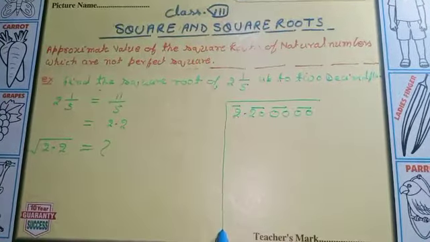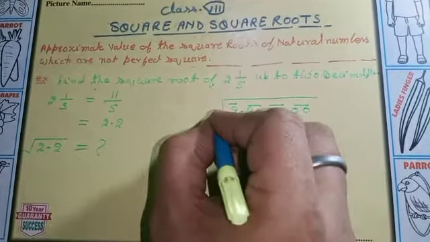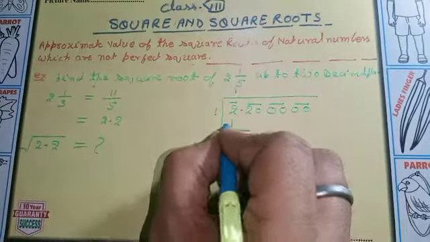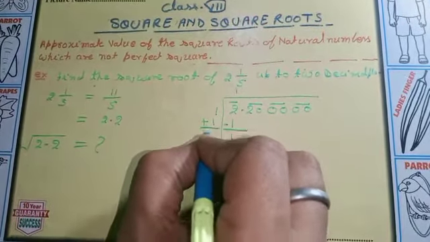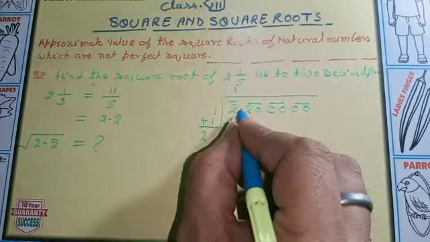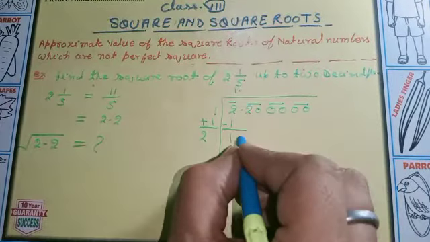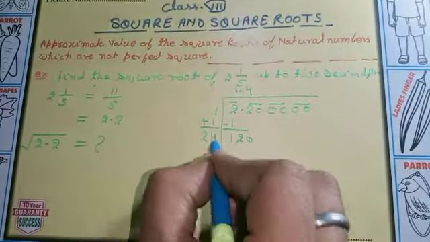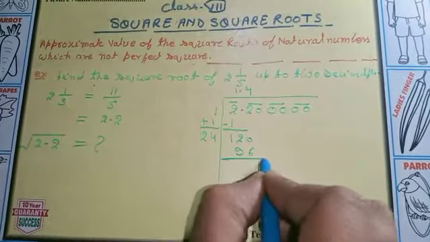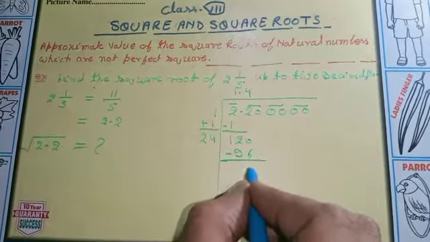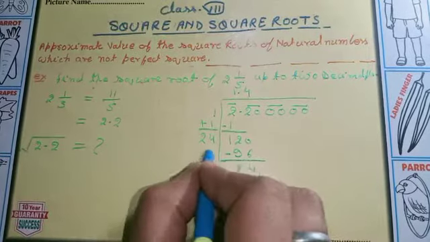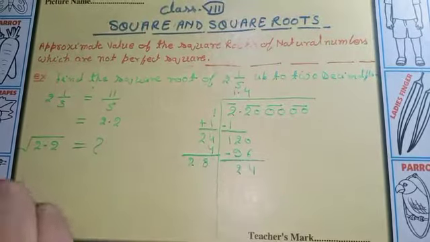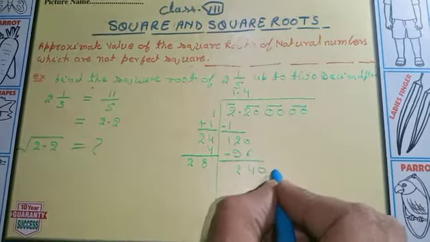Now calculate its square root. First, 2: 1 time 1, make subtraction, 1; here 1 plus 1 is 2. Now after 2, make the decimal, and the second pair 20. Now this goes to 4 times: 4 times 24 is 96. Here 4 plus 4 is 8. Now the next pair is 0 0.